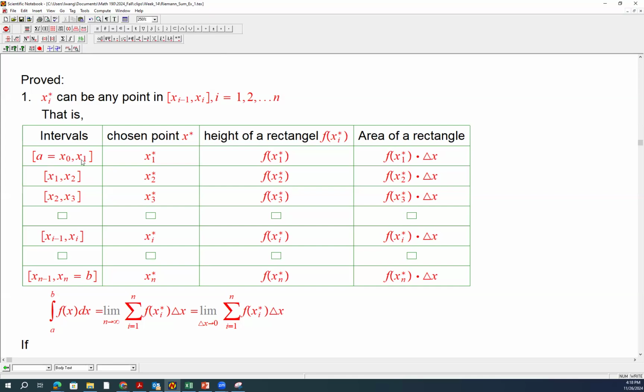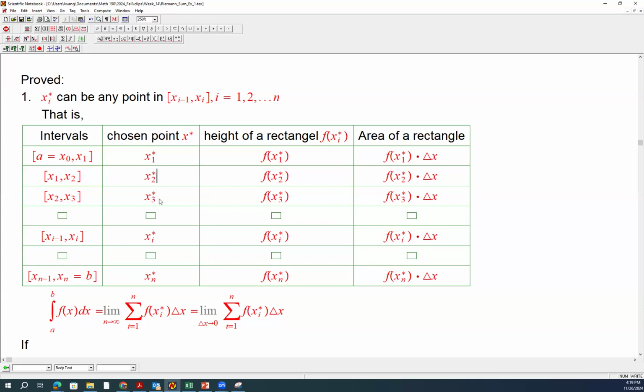In other words, in the first interval, we're going to choose x1 star. Second interval, we're going to choose x2 star. The index of each interval: the first one is x1, left, right. So the right index indicates the second interval. So we choose a star point in each interval arbitrarily.